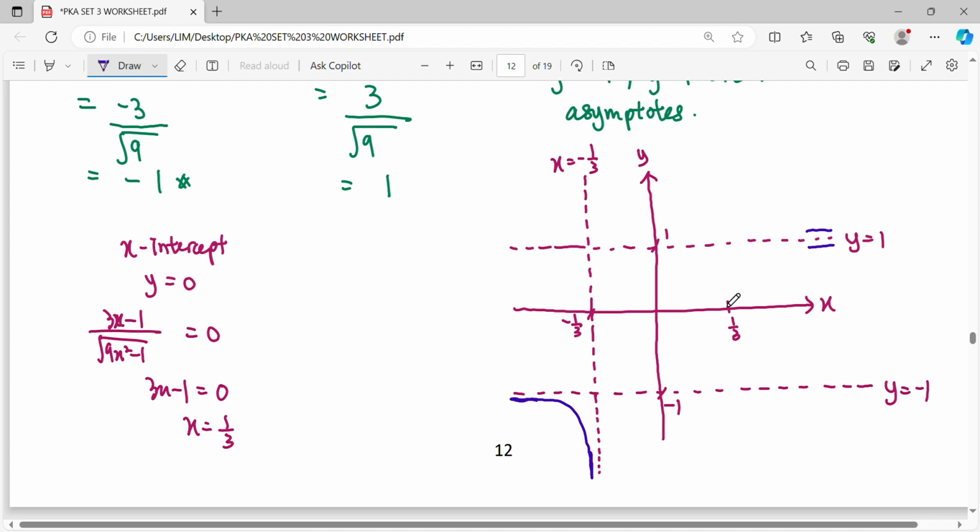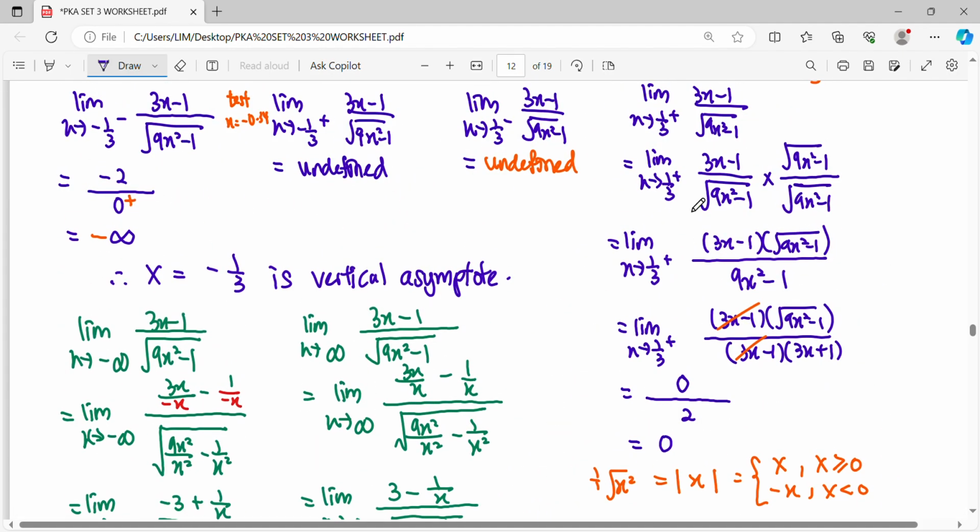So at this point, included or not? No. And what do you read from this result?